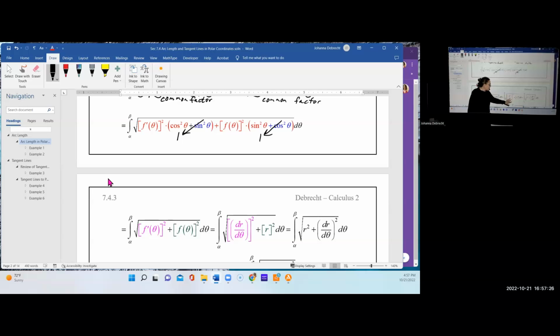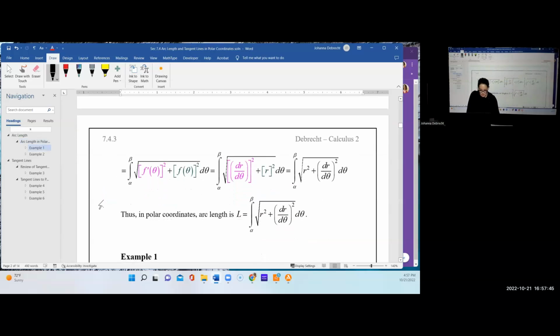So the typical way of writing this formula is to have the r squared first plus dr d theta quantity squared all under the radical. So I commuted the order of the two terms, and this is the formula that we have for arc length for a polar curve. And it is based on the formula of arc length for a parametric curve.